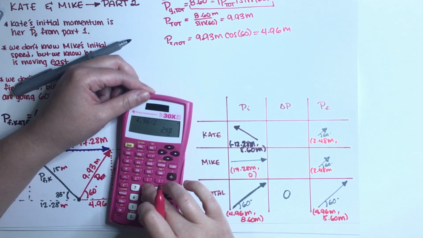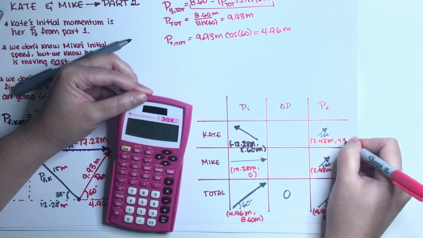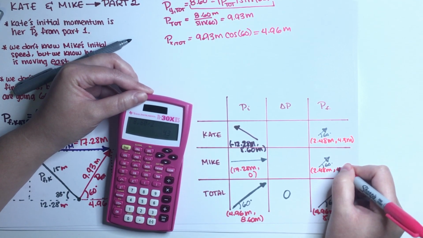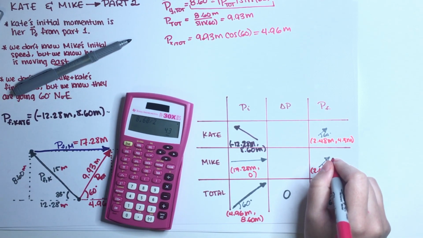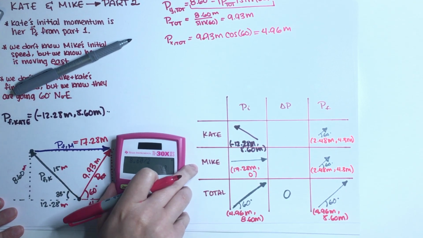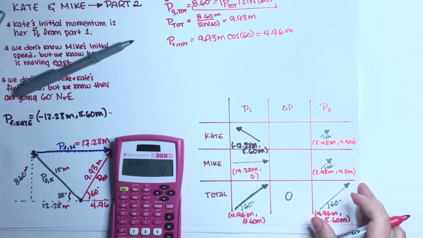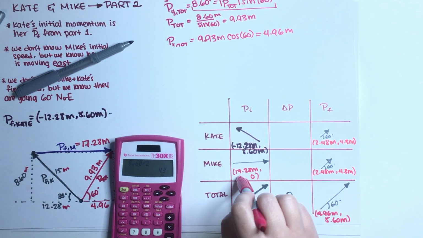And 8.60 divided by 2, that is 4.3. There we go. So now, at this point, I think that we might as well just go ahead and finish out these momentum charts.